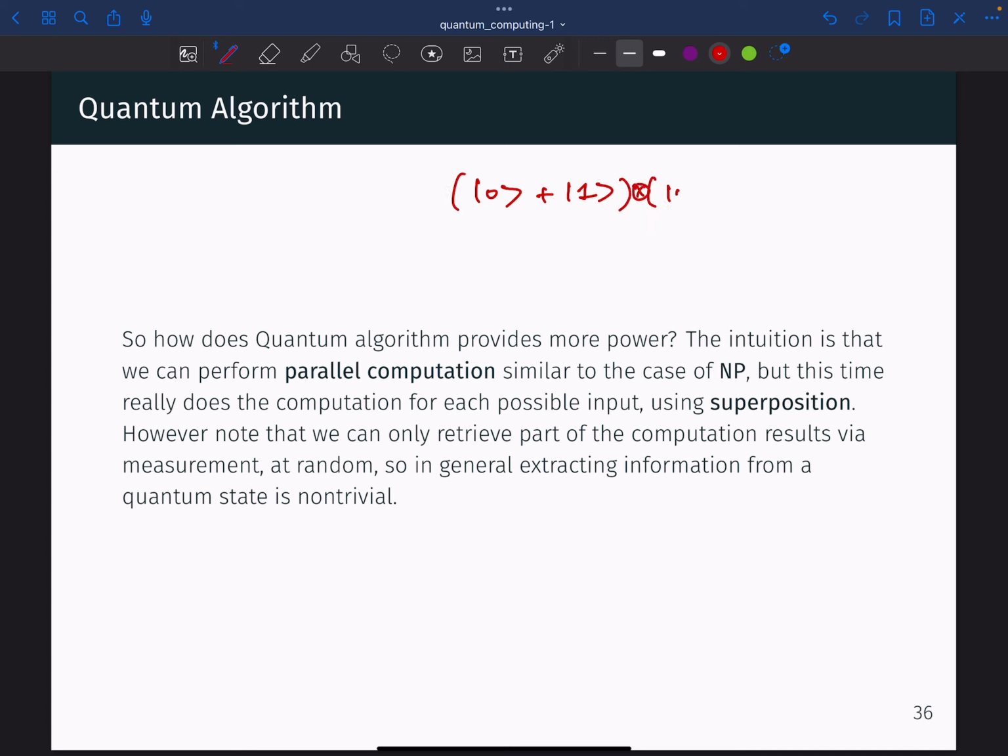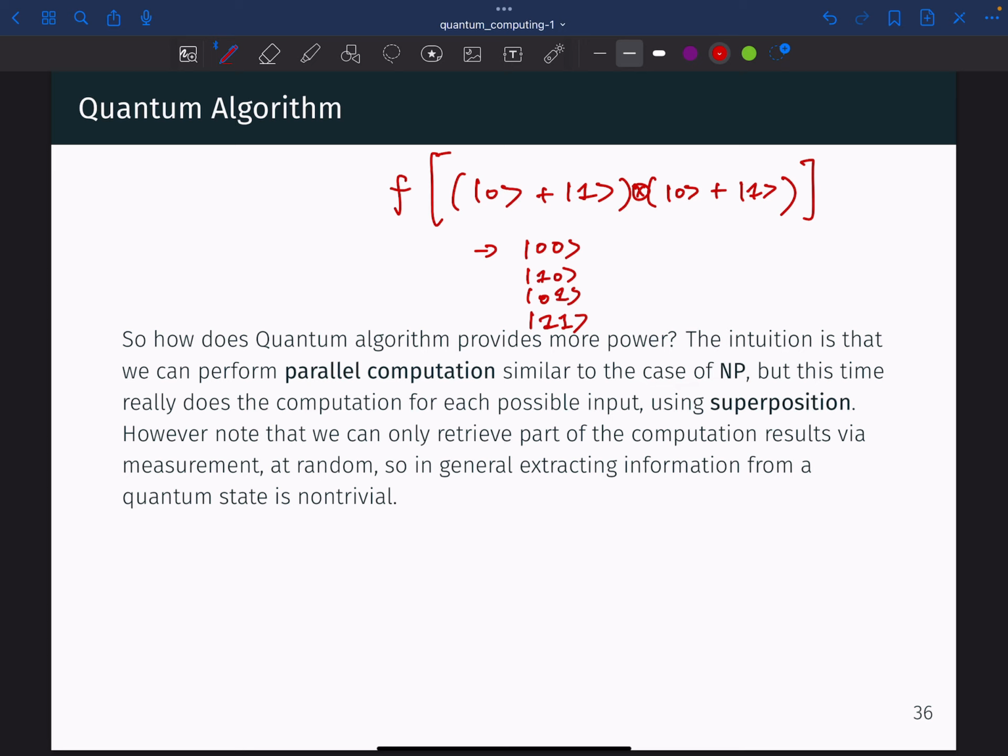So let's say you have 2 qubits. And if you perform some kind of unitary transformation that encodes a certain function f, what it effectively does is perform f on all possible inputs, i.e. you have actually done the calculation for 00, 01, 10, and 11.